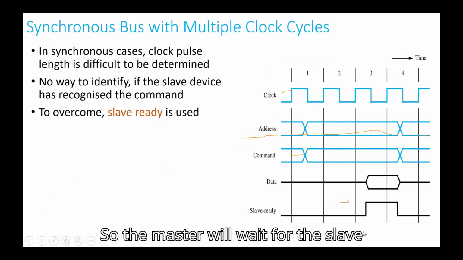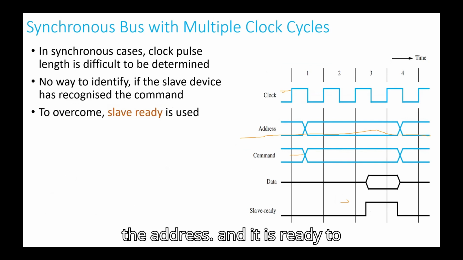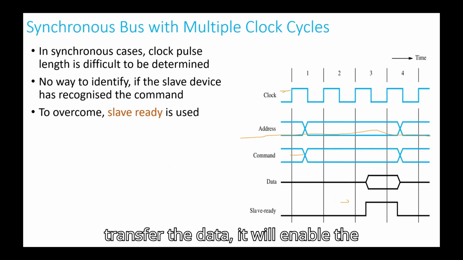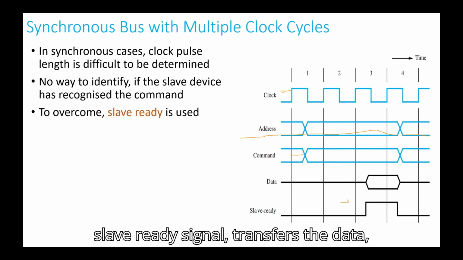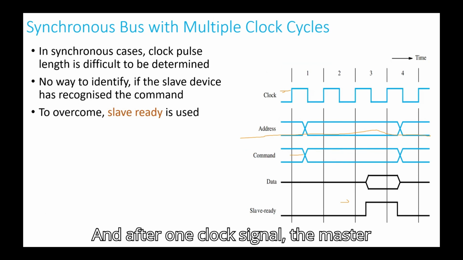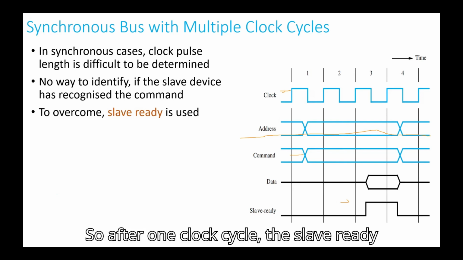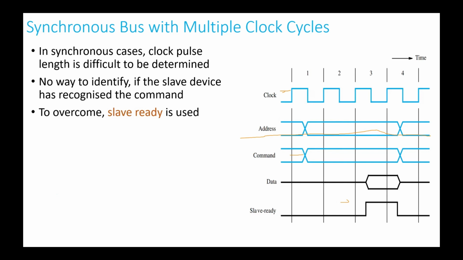So the master will wait for the slave ready signal. Once the slave recognizes the address and it is ready to transfer the data, it will enable the slave ready signal, transfer the data, and it will wait for one clock signal. And after one clock signal, the master should read the data from the data line. So after one clock cycle, the slave ready signal will be disabled.